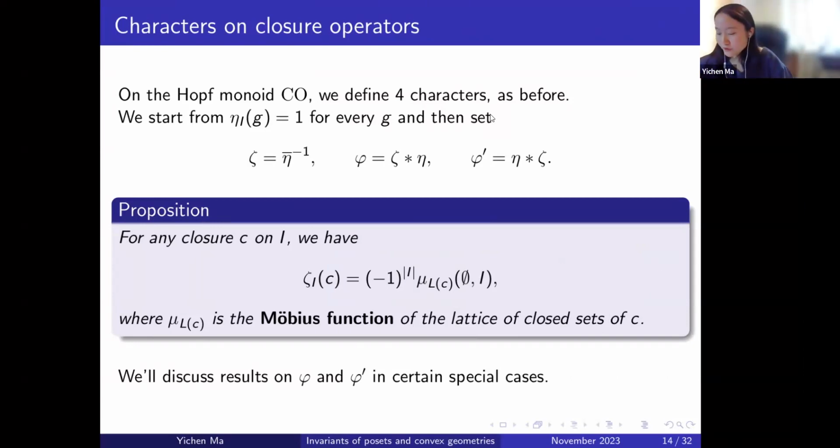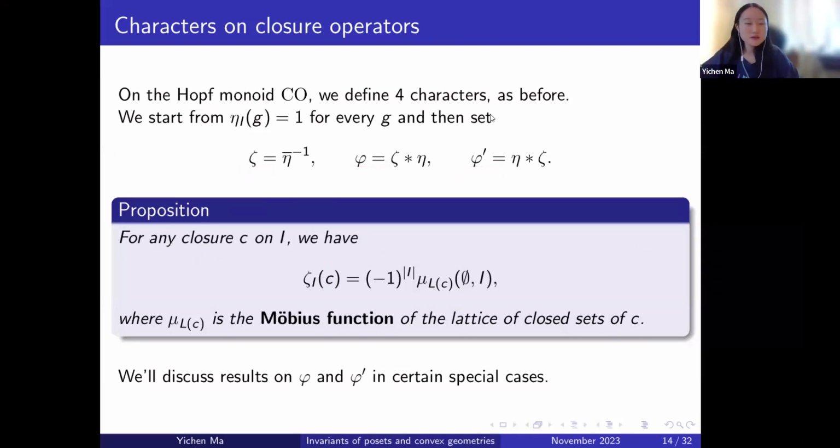Then we have a general picture of what's happening on the characters of closure operators. We can follow what we did for the poset and define four characters. First, we define phi eta, sending every basis element to 1. Then we have zeta, phi, and phi prime.